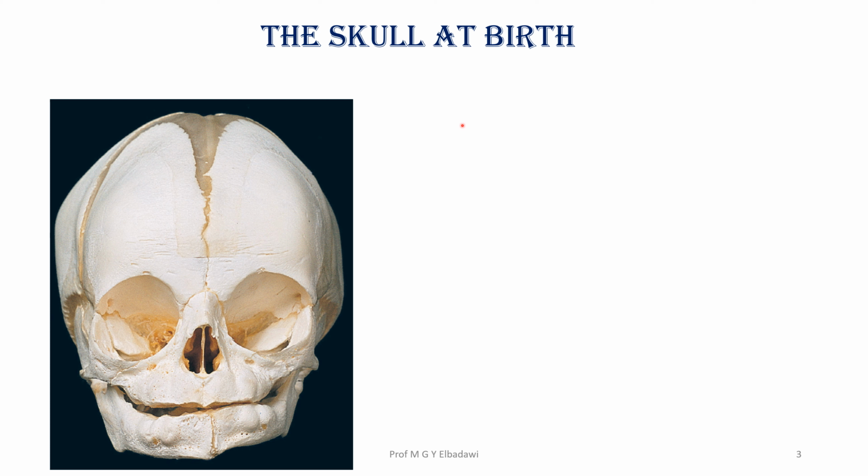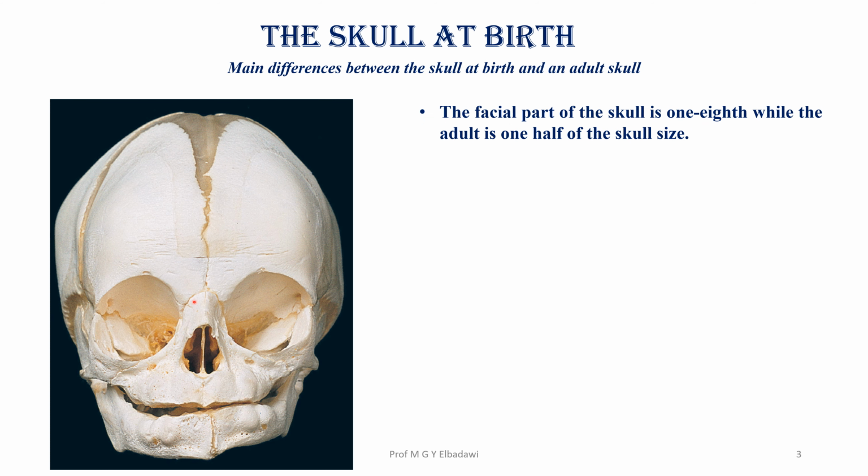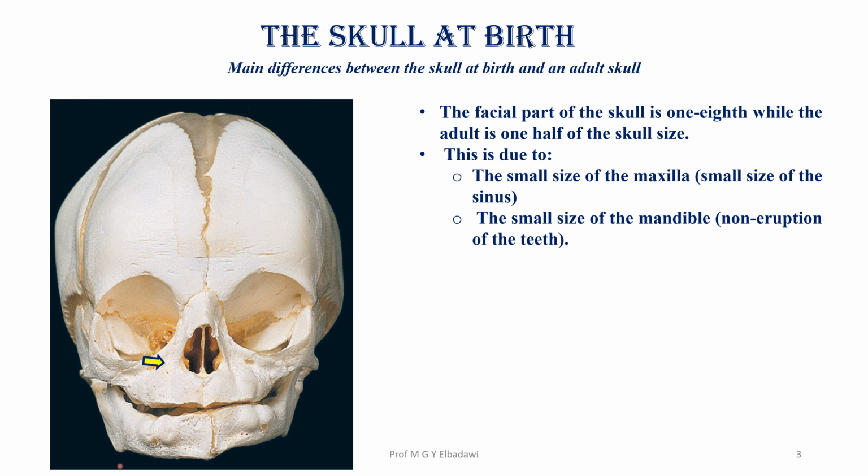The other difference in the skull at birth is mainly the facial part of the skull, which measures 1/8 at birth, and it is 1/2 in the adult skull. This difference is due to the small size of the maxilla, because the teeth are not well developed, that is the maxilla here, and the small size of the mandible with non-erupted teeth, as you can see here.